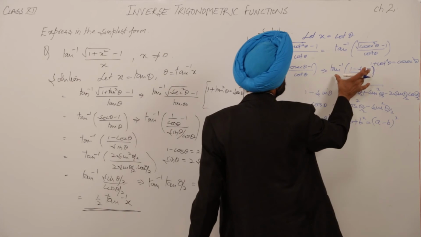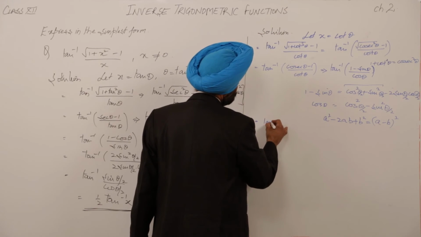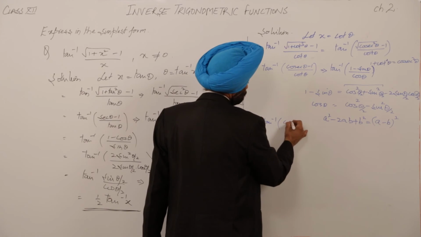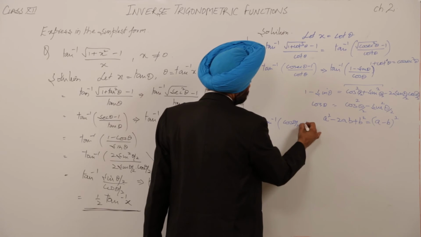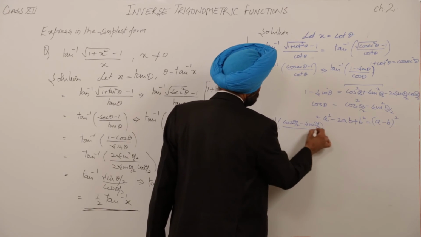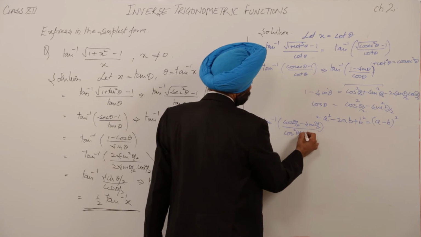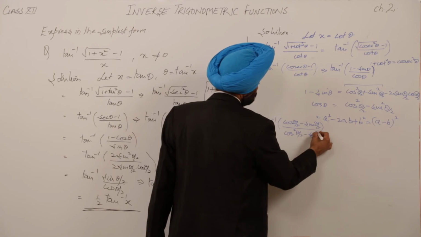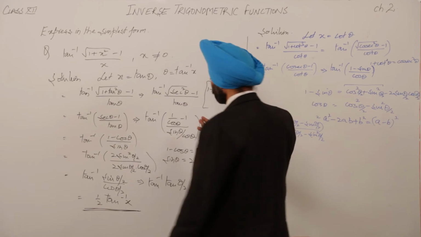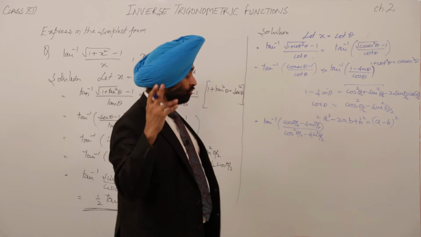So now this part becomes tan inverse, in the bracket, cos theta by 2 minus sin theta by 2 whole square, upon cos square theta by 2 minus sin square theta by 2. Now just check how much time we have used here, how much time we are going to use, and how many different formulas we are going to use.